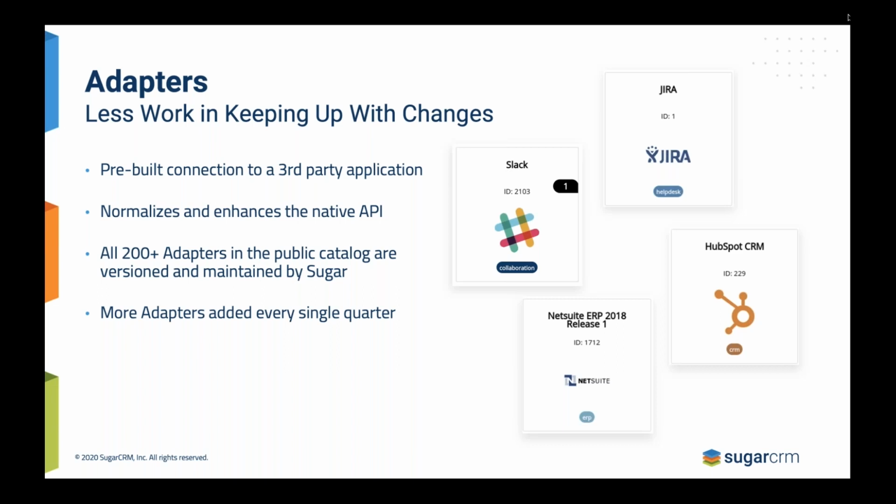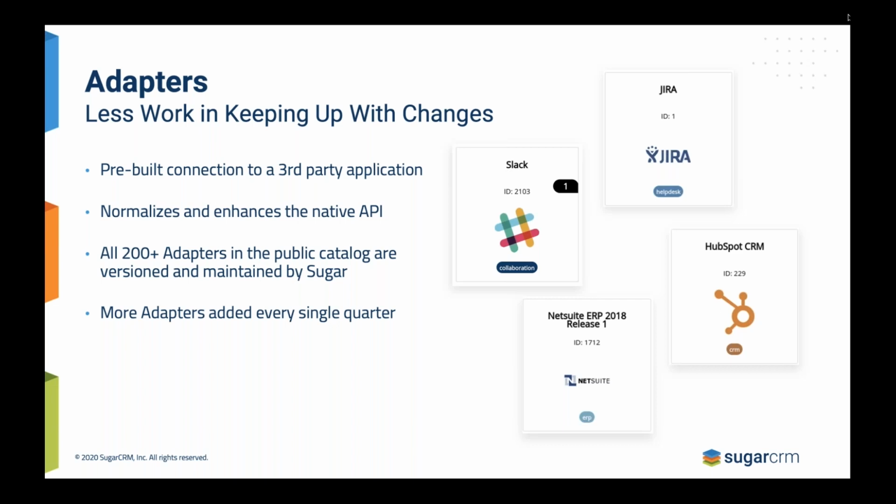In the catalog, there are hundreds of applications. Some of them are in what they call the public catalog, which is sort of our primary catalog. But then there's also a community catalog where you can leverage other people's or your peers' effort in building integrations to other applications.